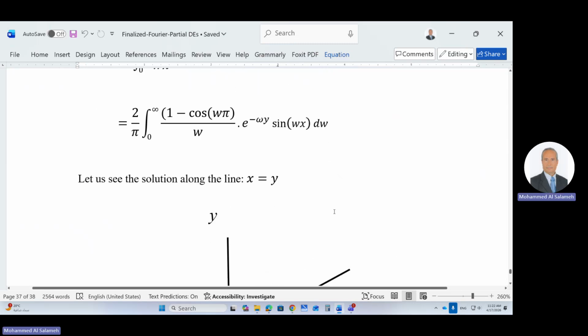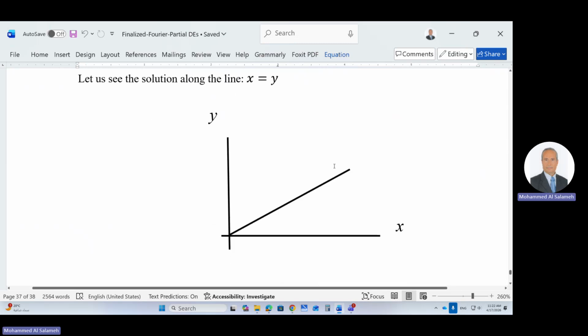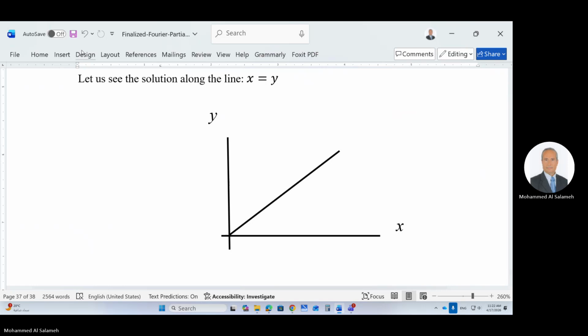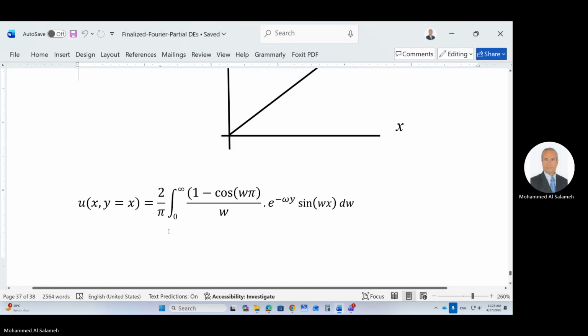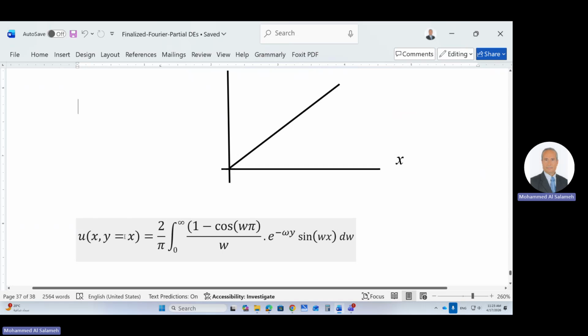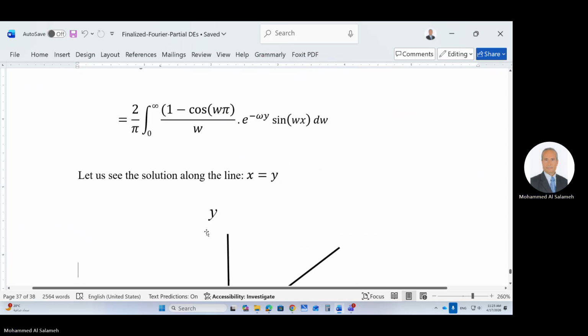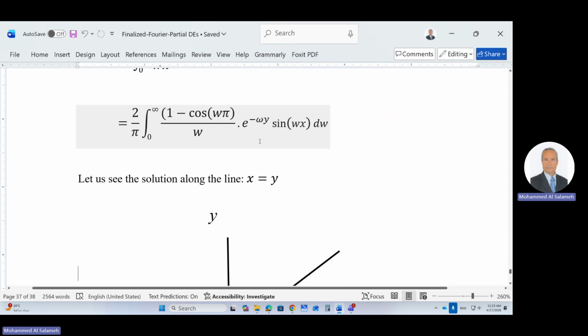Let's see the solution along the line x equal y. Okay, this is the line y equal x, maybe like this is better, because the angle should be 45 degrees. U at y equal x equals 2 over pi integration from 0 to infinity, where we put x and x.